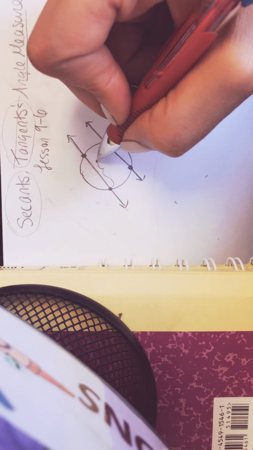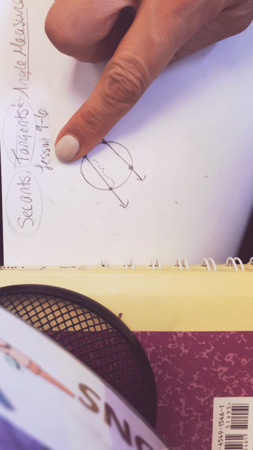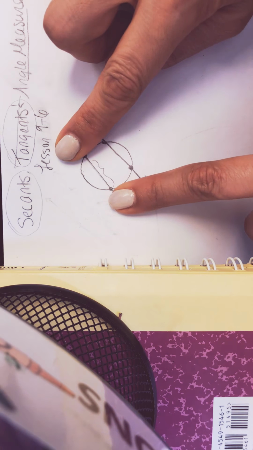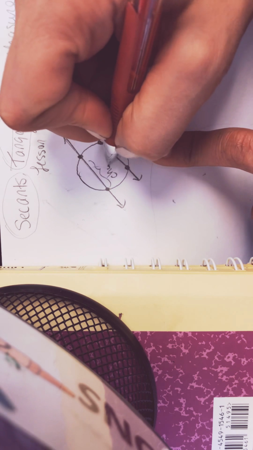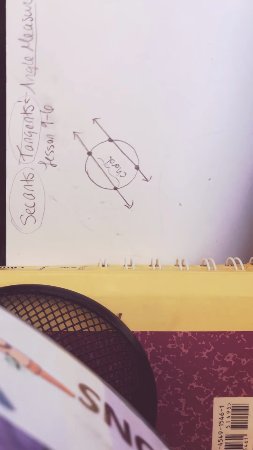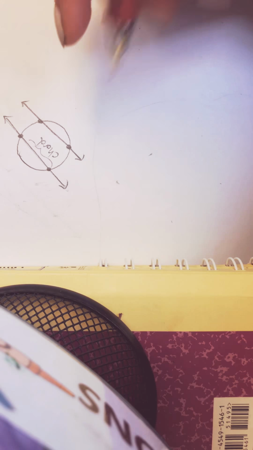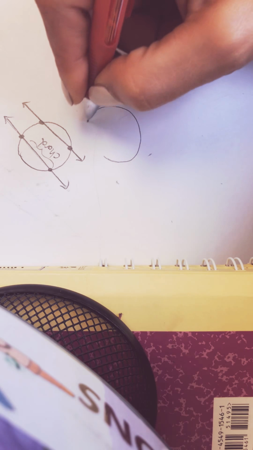This section right here, if we were to just cover up these two rays and look at that little line right in the middle of the circle, this would be called a chord. Now notice, this is different than the diameter.